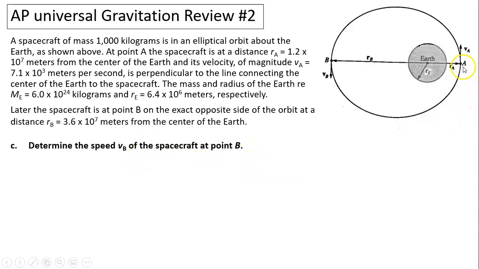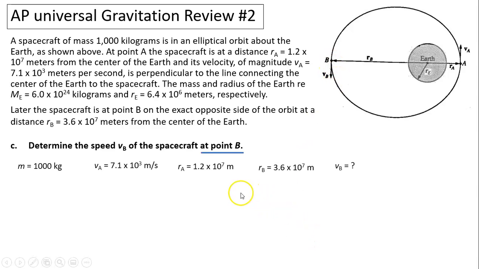We know what RA is, we know what VA is, and we know what RB is. You have to find VB. So what concept do you need to use in order to find VB? That is conservation of angular momentum, because there is no net torque on the Earth and spacecraft system.